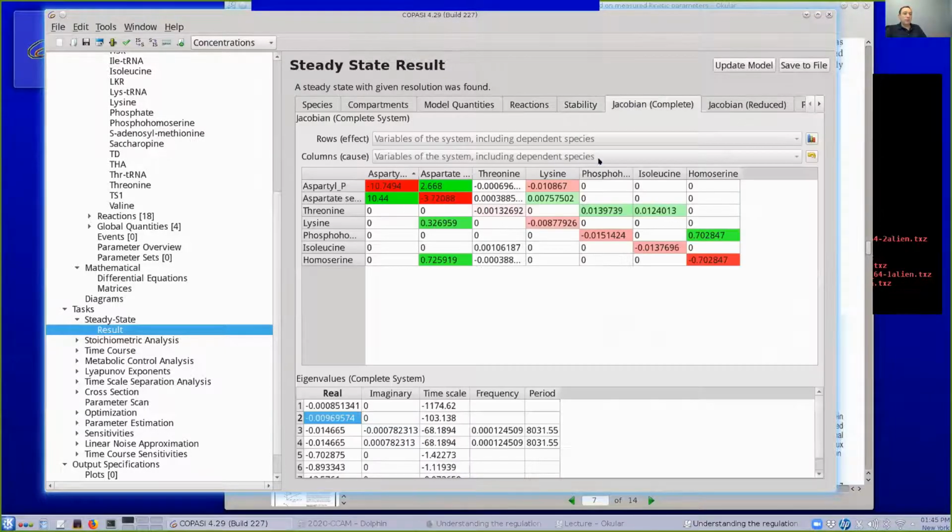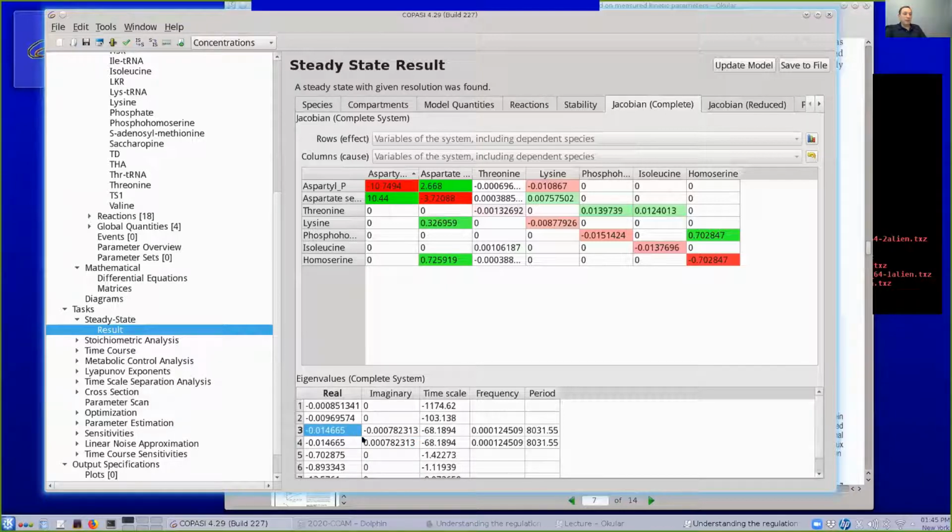So if you go back to the Jacobian, the eigenvalues of the Jacobian could be complex numbers. The first one is not complex. It has a 0 value on the imaginary part. That's the real part, that's the imaginary part. Neither is the second one, but you see the third and fourth are actually a complex conjugate.